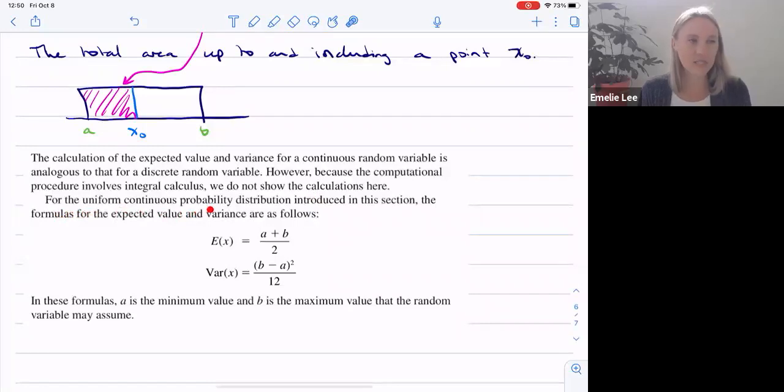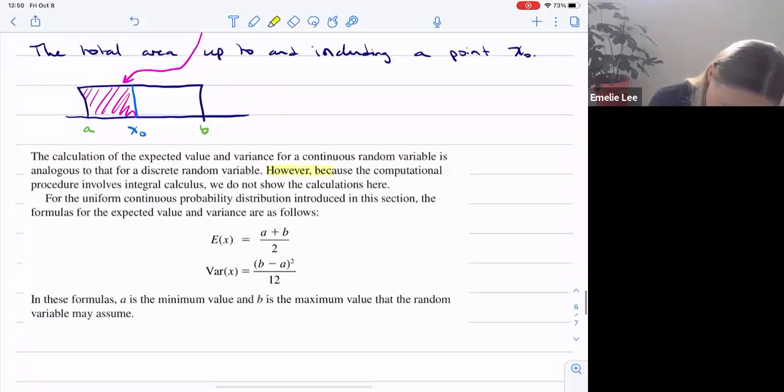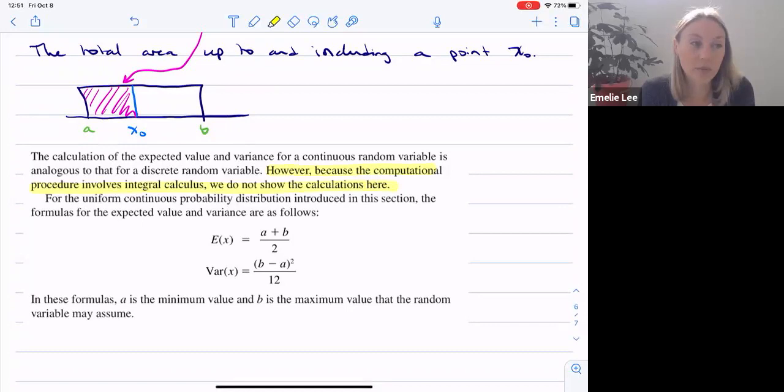For the uniform continuous probability distribution, the formula for the expected value of X is A plus B over 2, and the variance ends up being B minus A squared over 12. Of course, A is the minimum and B is the maximum. We're not going to talk about what these end up being for each of the distributions, but it is possible, so you don't need to worry about that.